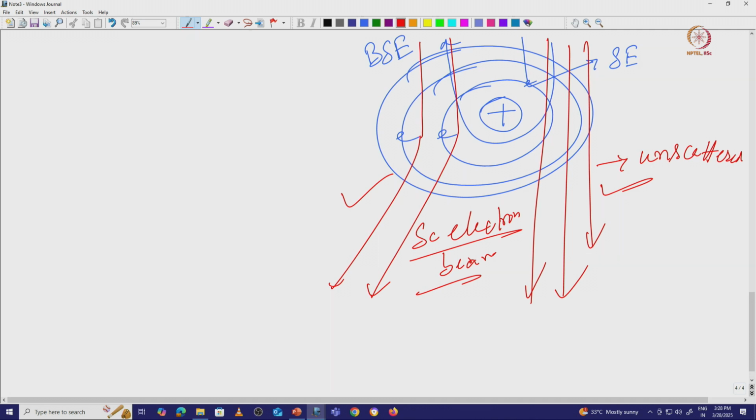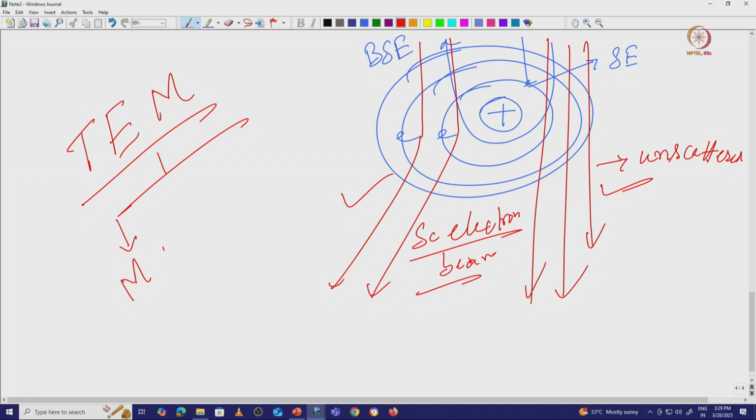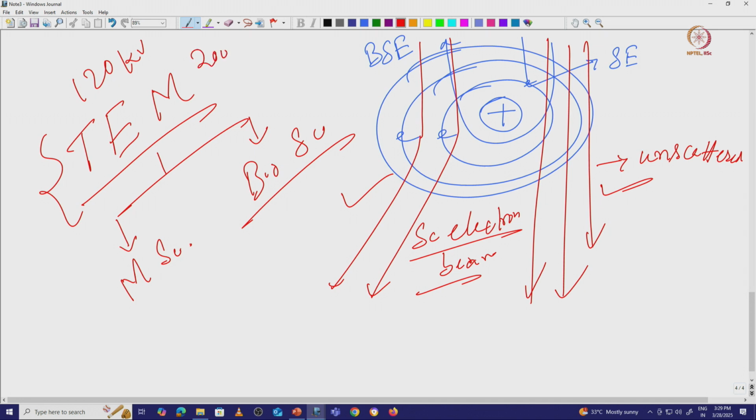That is an important part, that whenever we talk about the transmission electron microscope, two things come up: one is for material science and one is for bioscience. Similar terms, either 120 kV or 200 kV or 300 kV, we use for material science and biological science samples.